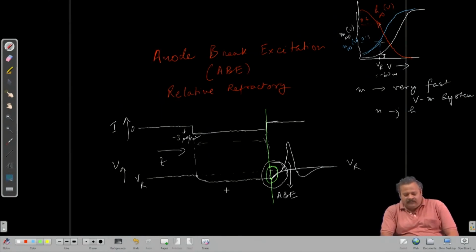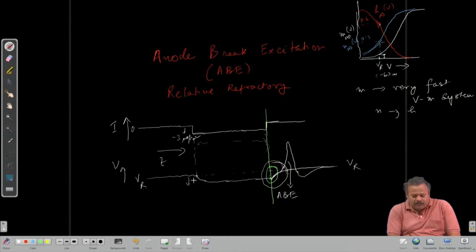So we have all the m, n and h gates held at some lower value than V rest. At this particular time, our h value is h infinity of Vr minus delta.